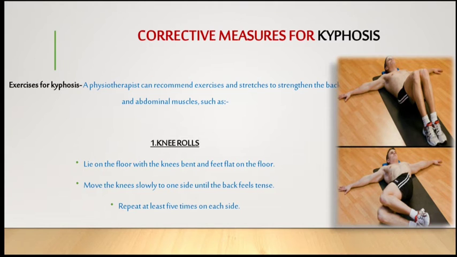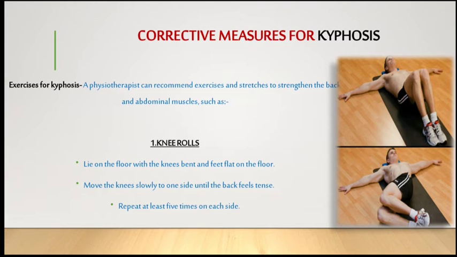Lie on the floor with the knees bent and feet flat on the floor. Then the second move is to move the knees slowly to the side until the back feels tense, meaning you feel a stretch. Then the third step is to repeat at least 5 times on each side. Okay, so on every side you can do this exercise 5 times. Okay, you can see in this picture how to do this exercise.